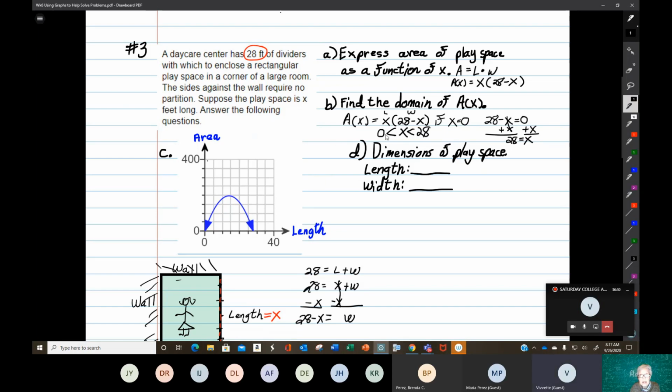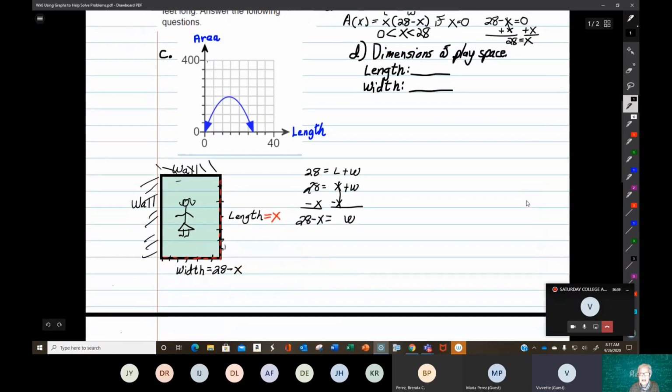Because if x equals 0, then the length is 0. Crazy. And if x equals 28, then the width is 0. Then again, you've got the dividers leaning against the wall, but not any play space.